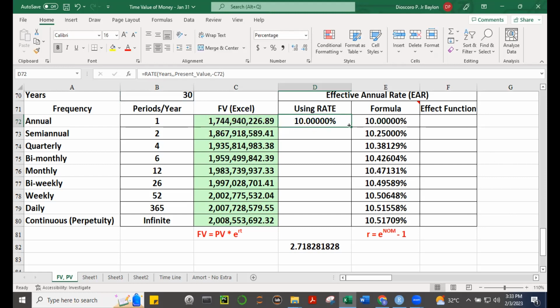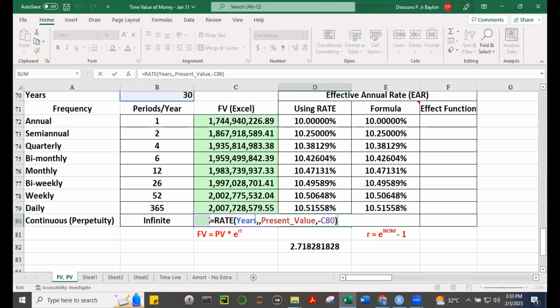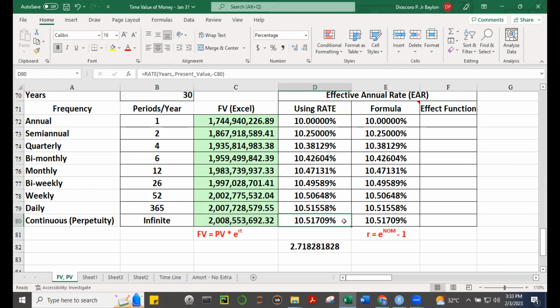If I copy this down there, okay. Now this worked also in the continuous compounding because the parameters that are required are the years, the present value, and the future value. Okay. Any questions?